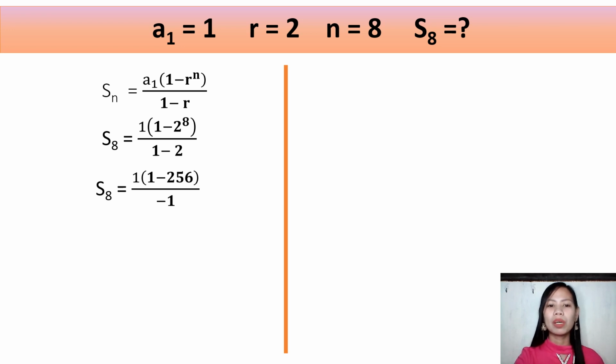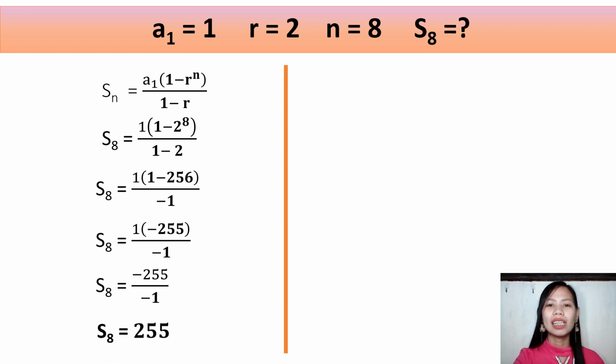So we have negative 1 because 1 minus 2, the answer is negative 1. So let us now simplify 1 minus 256. We can now have 1 times the quantity of negative 255 over negative 1. 1 times negative 255, the answer is negative 255 divided by negative 1, the answer is positive 255. So in this example, S sub 8 is equal to 255.